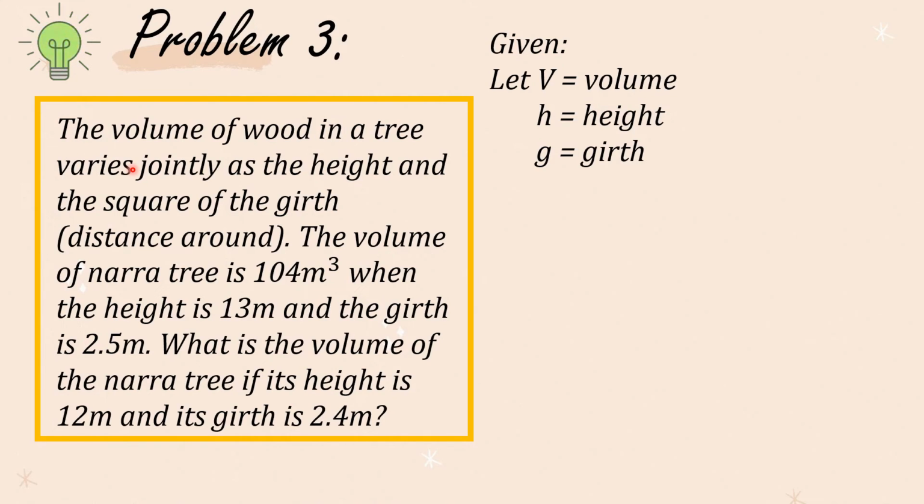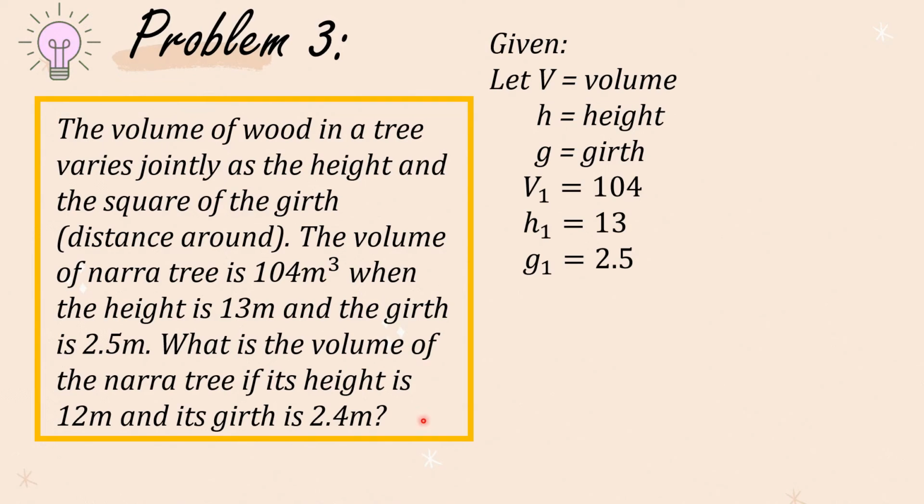So, sino kaya yung first na magkakapartner natin sa problem na ito? Very good! Si 104, si 13, at saka si 2.5. So, si V sub 1 natin si 104, si H sub 1 natin si 13, and si G sub 1 naman natin ay si 2.5. Hanapin naman natin yung pangalawang magkakapartner.